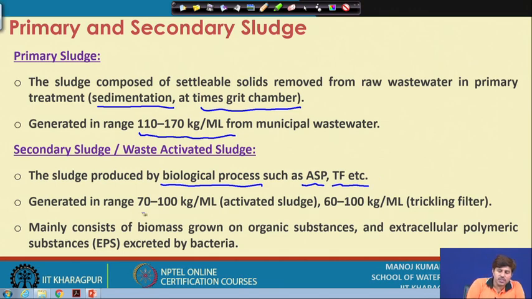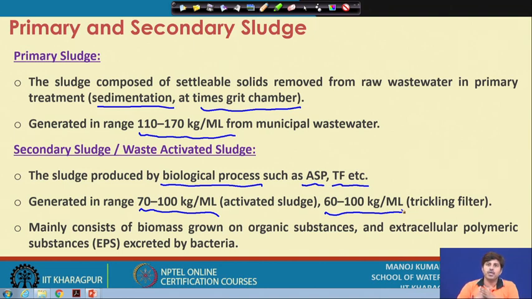The range in which it is generated is 70 to 100 kg per million liter for the activated sludge processes, and almost 60 to 100 kg per million liter for trickling filter processes. So, that is the typical range of sludge generated per million liter. Now, this mainly consists of the biomass grown on organic substances, because the secondary sludge is primarily the microorganisms or cells synthesized in the process of aerobic decomposition.